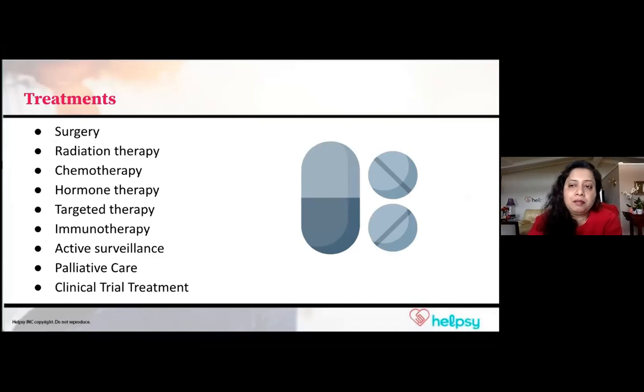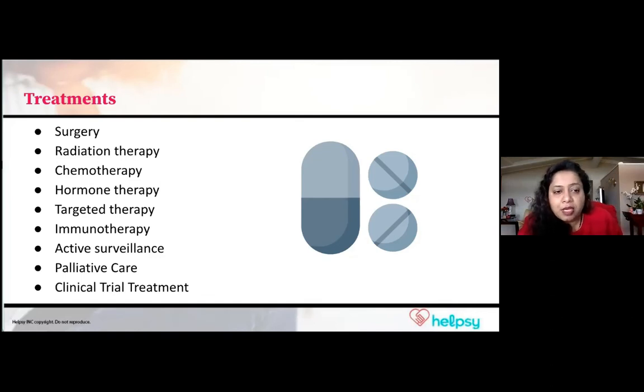Is it going to be multiple treatments? Typically, it can be surgery and chemotherapy, or surgery and radiation, or chemotherapy and radiation, or hormone therapy. So that's where the treatment plan gets determined based on the cancer, the stage, and many other factors. We will touch on some of these main ones as we go through this.